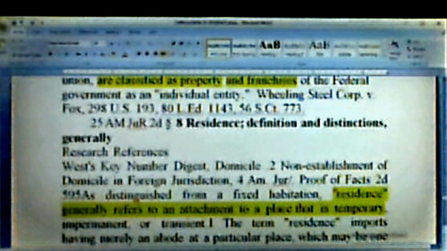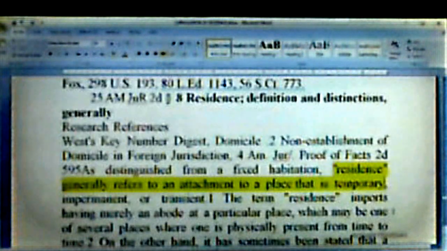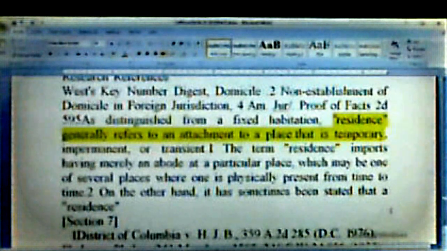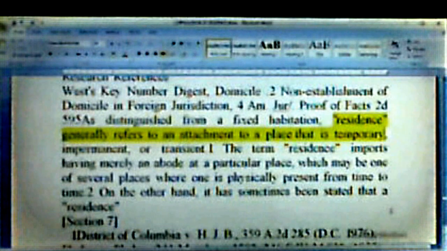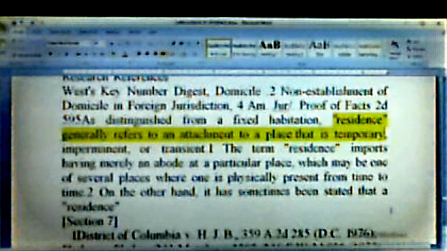Okay, and it says, as distinguished from a fixed habitation, residence generally refers to an attachment to a place that is temporary. Well, these senators who travel back and forth between Washington, D.C. and the various states that they're representing, they would be considered temporary, wouldn't they?